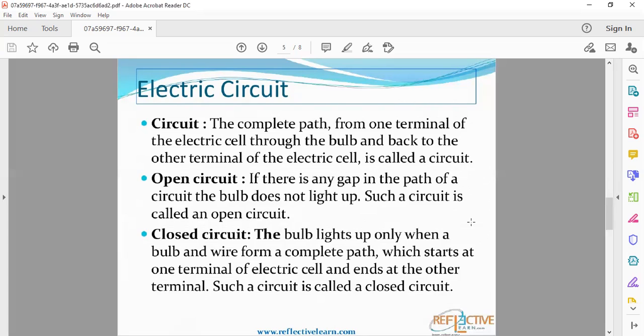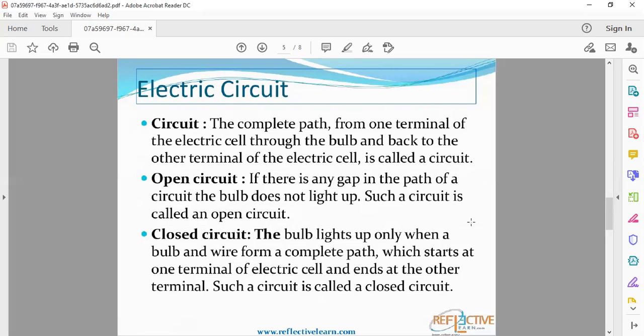Exactly, it is a path for electricity to flow from one terminal to the other. As we have discussed, there are two terminals, positive and negative. When the electricity flows from one terminal to the other, that complete path is known as a circuit.